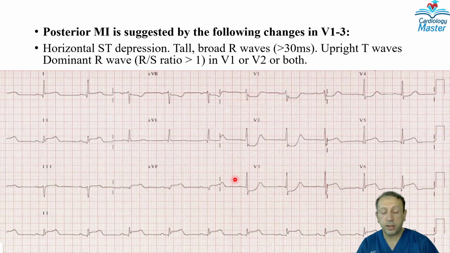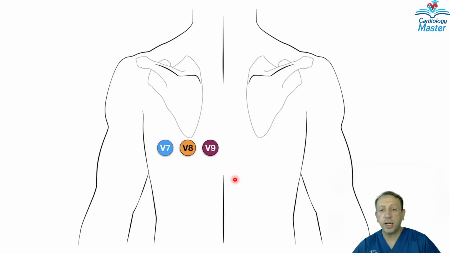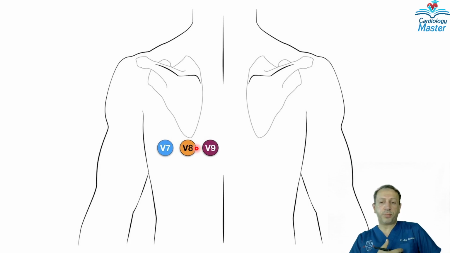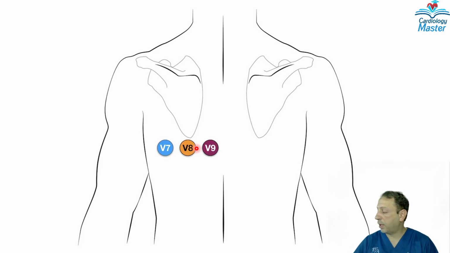So what's the next step? If you think that this patient is having a posterior myocardial infarction, I need to assess the leads V7, V8, and V9. I should put the leads on the back of the patient, wrapping around the chest, continuing the leads on the left side, V7, V8, V9.